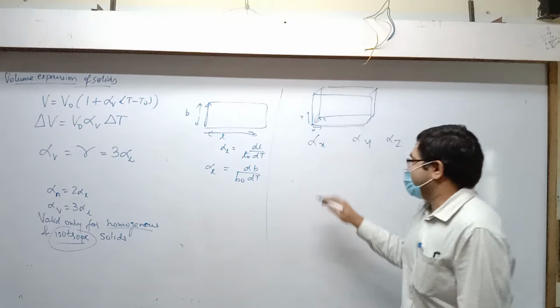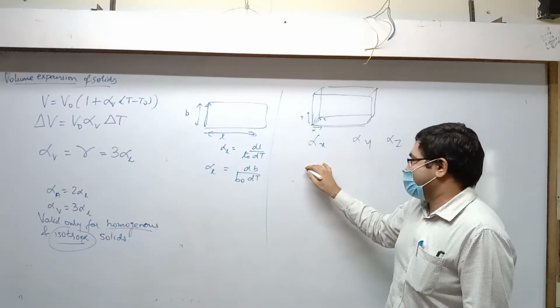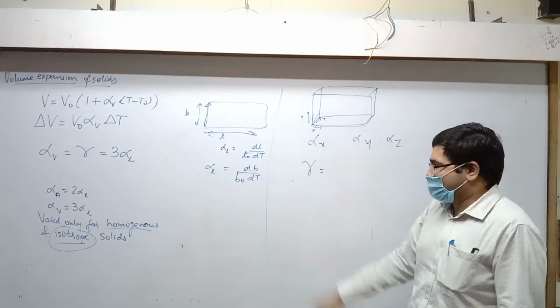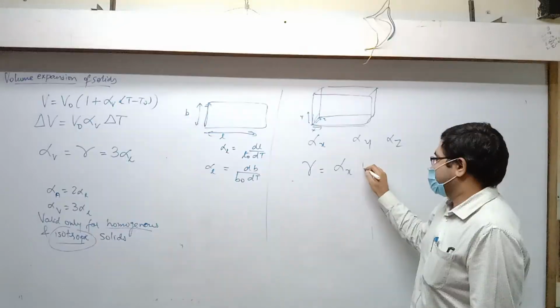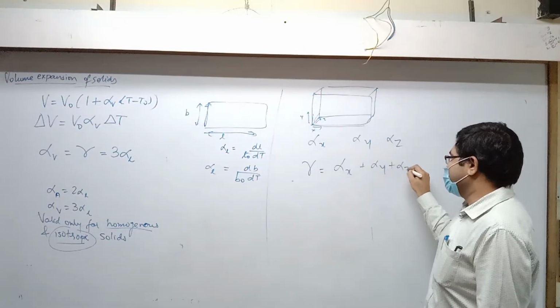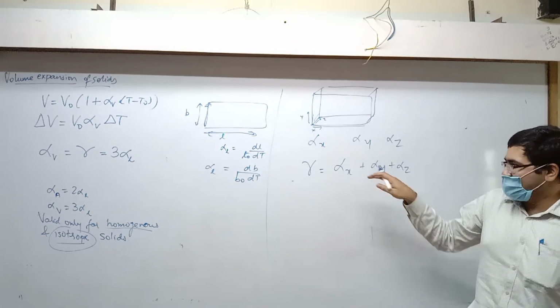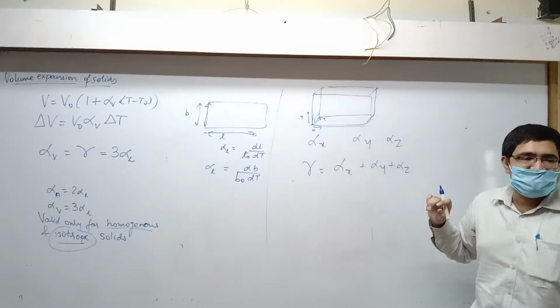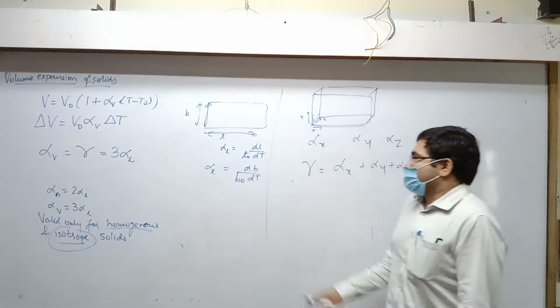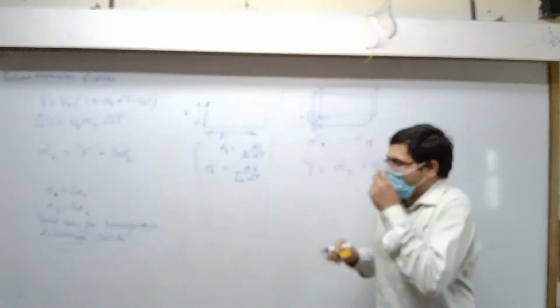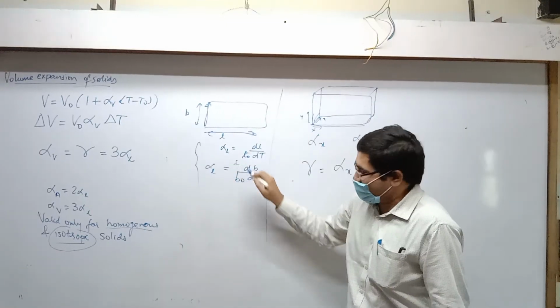Right? So in that case, I think you will be able to understand this very easily, that gamma, that is the coefficient of volume expansion, will be this. It will not be 3 times alpha, it will be alpha x plus alpha y plus alpha z. Why so? If you go and recall the steps of this, you will understand that we actually had these two terms in addition.